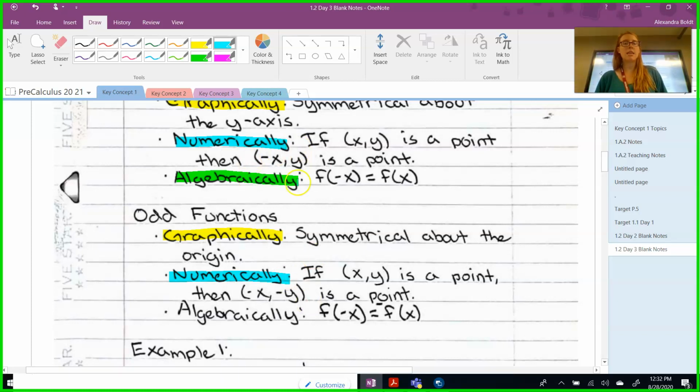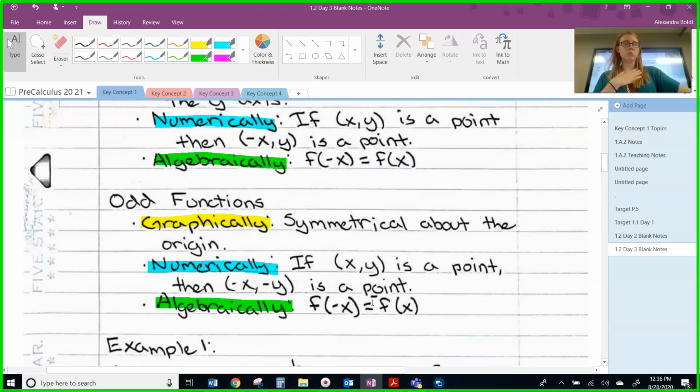Here it was just negative x, positive y, and here it's negative x, negative y. And then we can see it algebraically, which is different because f of negative x is going to be equal to negative f of x. Okay? Functions can also be neither. They might be none of these things, and that's okay too.